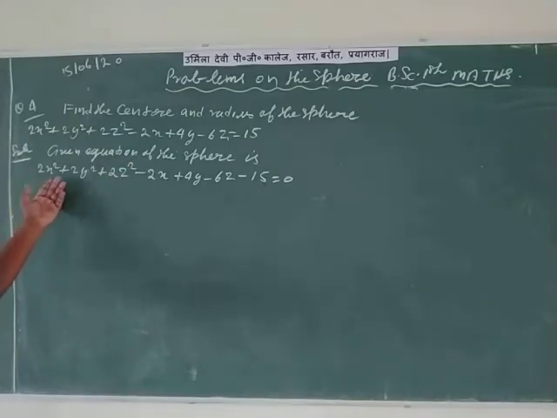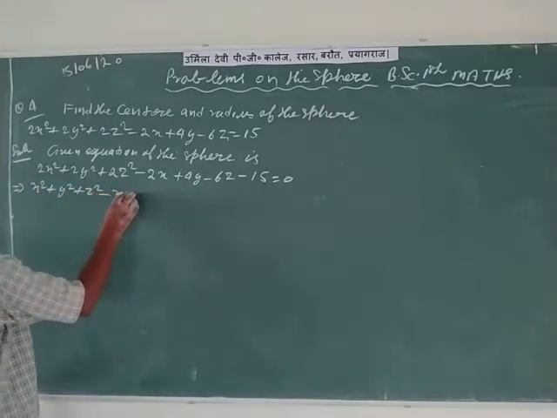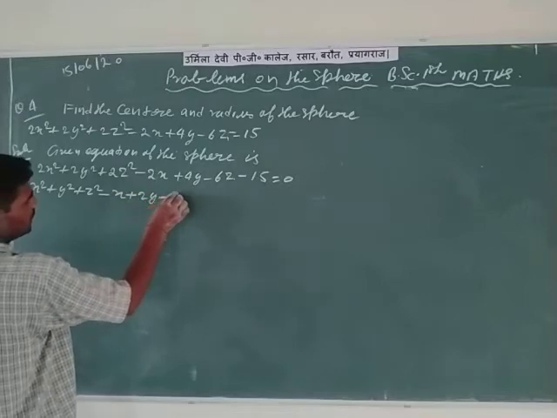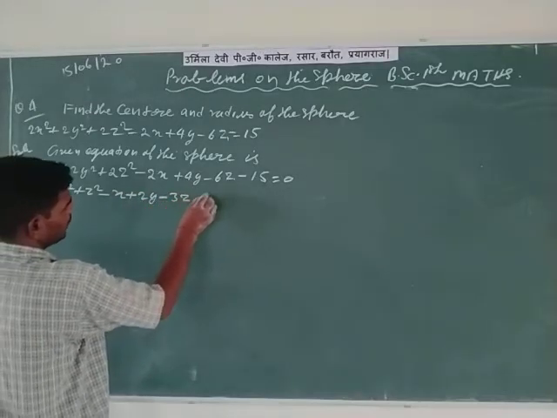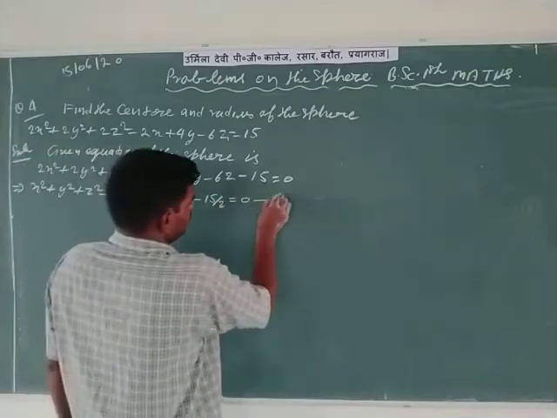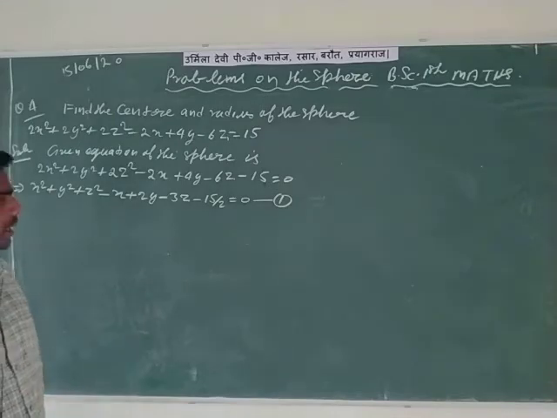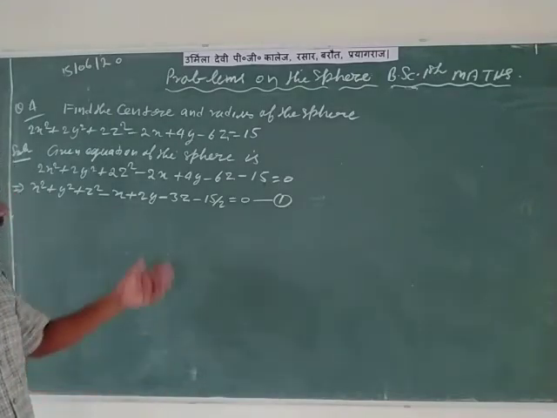So here take 2 common from this equation. So x square plus y square plus z square minus x plus 2y minus 3z minus 15 by 2 is equal to 0. This is represented by the first equation of the given sphere, and it is now confirmed to be in the general form of a sphere.